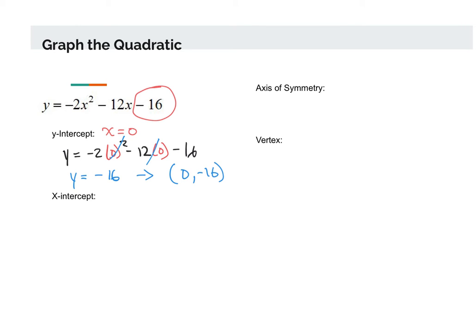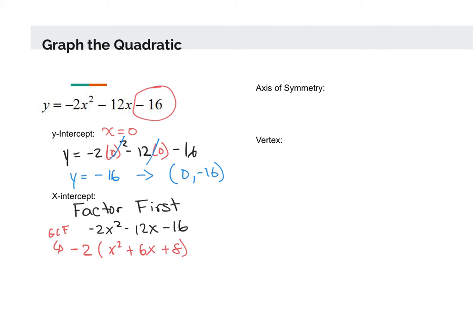Next, to find the x-intercept, we're just going to solve the quadratic like we did by factoring. So we are going to factor -2x² - 12x - 16 and set it equal to 0 to find the value of x. I can factor out a common GCF, greatest common factor, of -2 before I move on to my magic x.